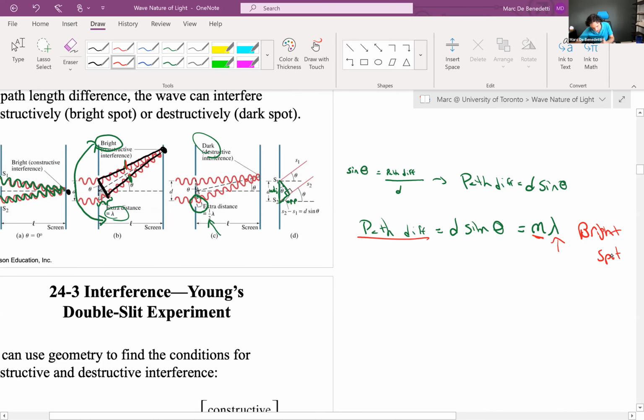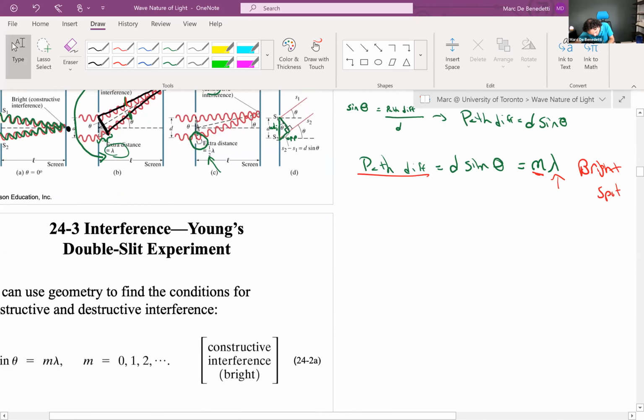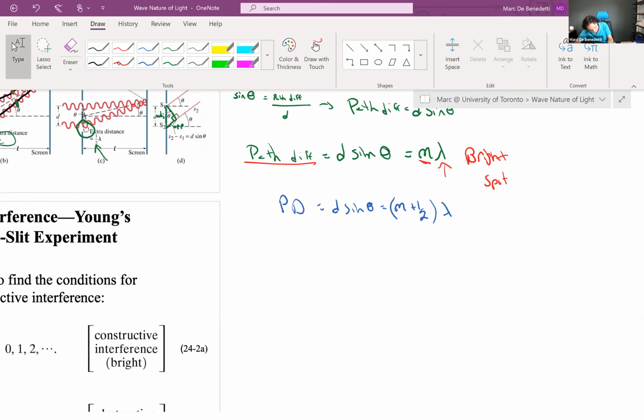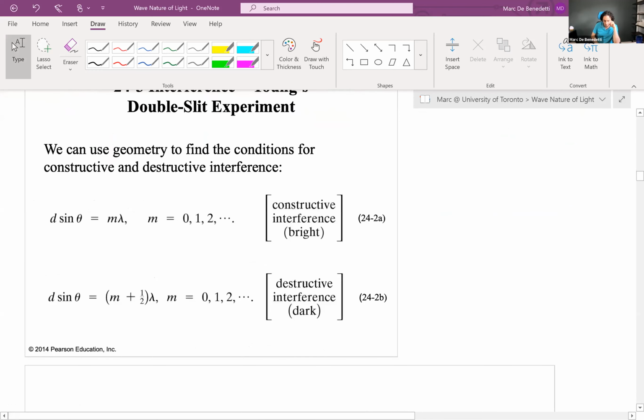Or, if the path difference, or d sine theta, is equal to (m plus a half) lambda, then we're going to get a dark spot, as we said before. So that's what these equations are saying.